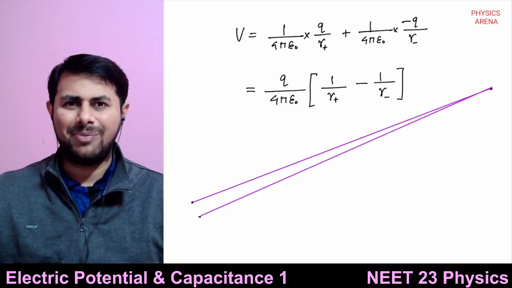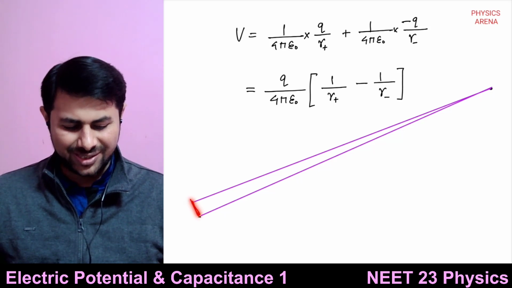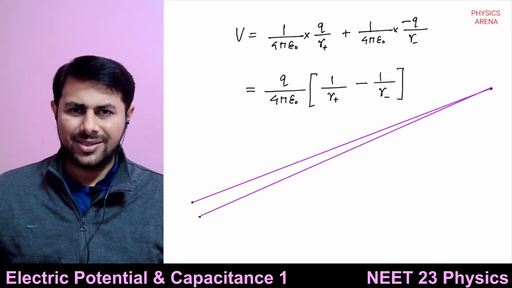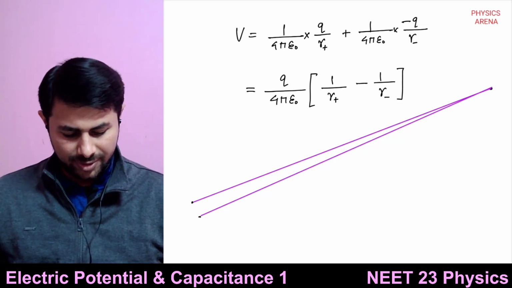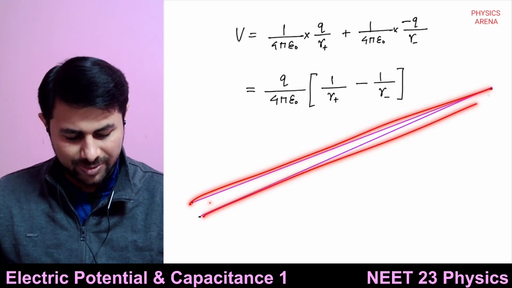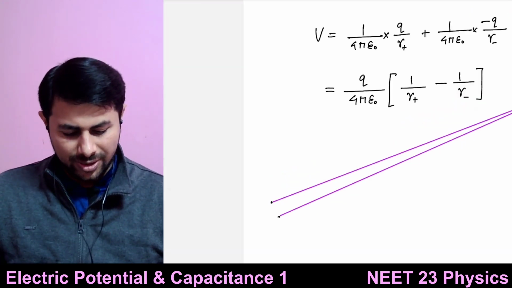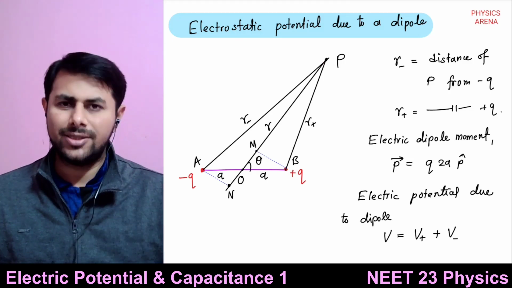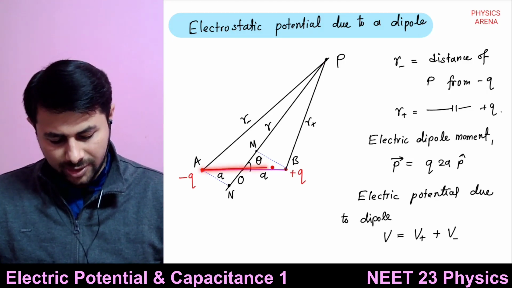The point is very far apart compared to this distance. Yes, we can say this. So almost equal. So what we'll consider is point P is at a very large distance from this dipole.